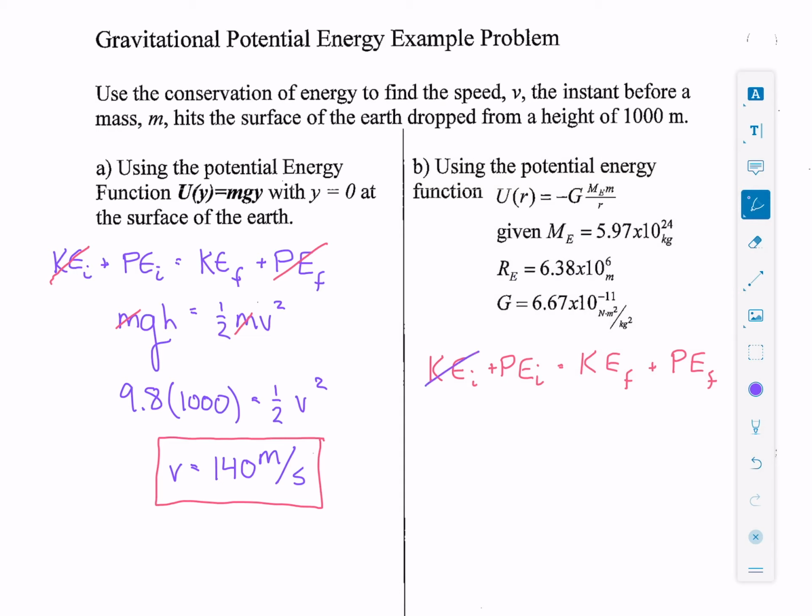Well, we're still starting from rest. The initial potential energy, we're at a height of 1,000 meters, so we have potential energy. Right before it lands, we're moving, so it's still got kinetic, and we still have potential energy final. We're not at 0 here. We're at the radius of the Earth.